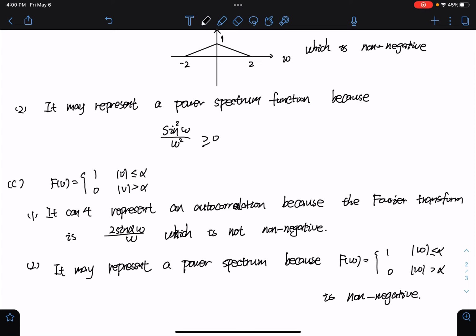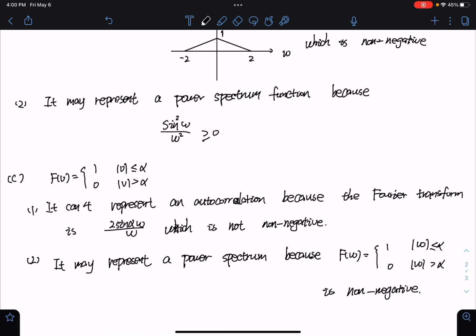So we combine these two scenarios. We have big F(omega) non-negative, which means it can be a power spectrum function of a WSS process. That's all. Thank you.